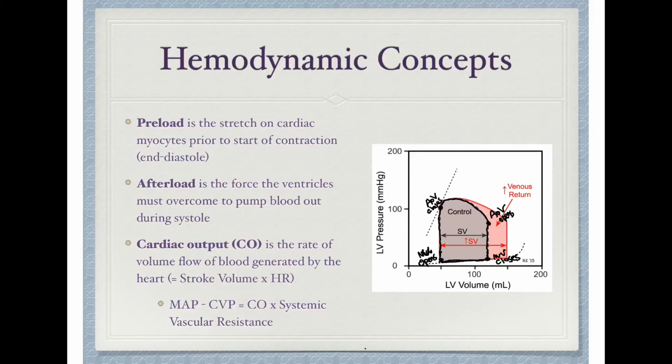So the volume at the end of diastole reflects the preload, and essentially the pressure that the ventricles have to generate to overcome the resistive forces and start actually pushing blood outward is the afterload.